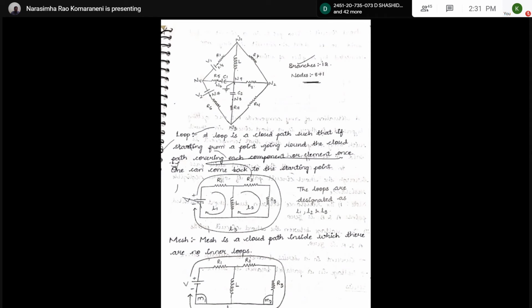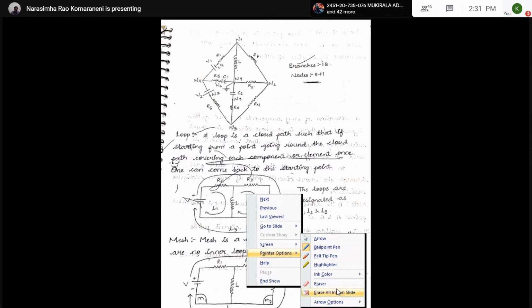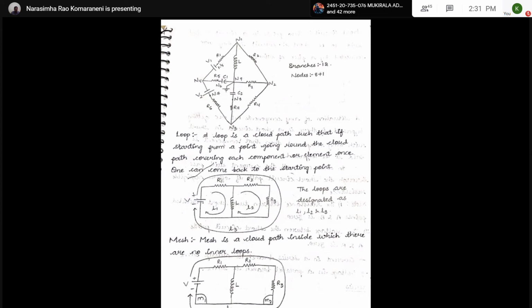Now, how many loops are there in the circuit? See, one outermost loop is here. If you start here, this loop covers all the components: R1, R2, R3, and again comes back here. So we can call this one loop.